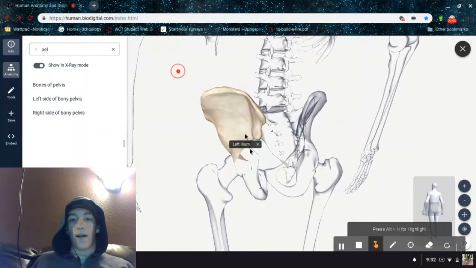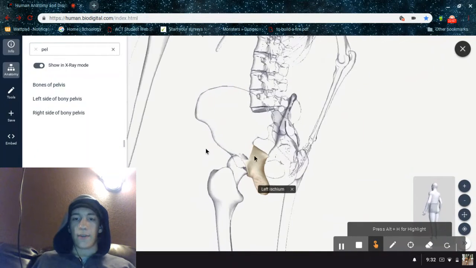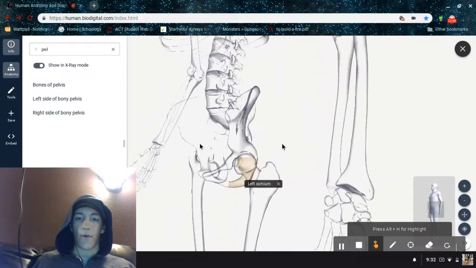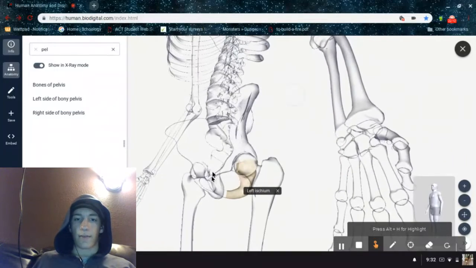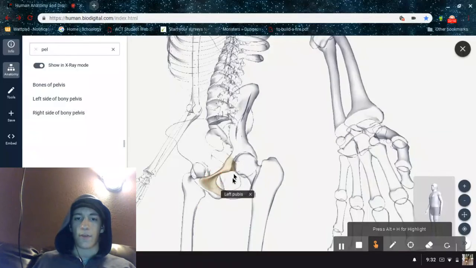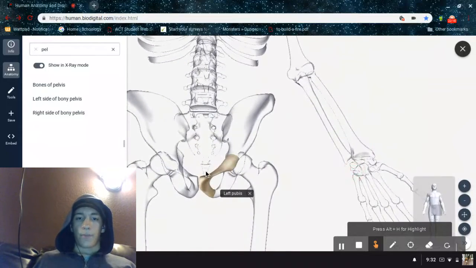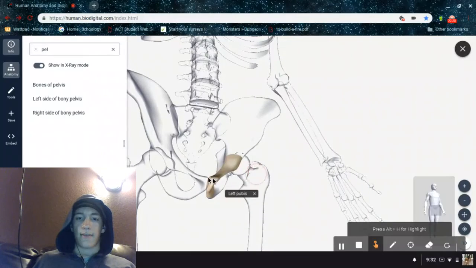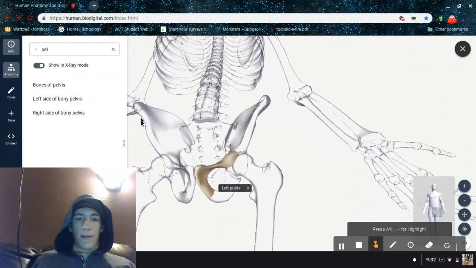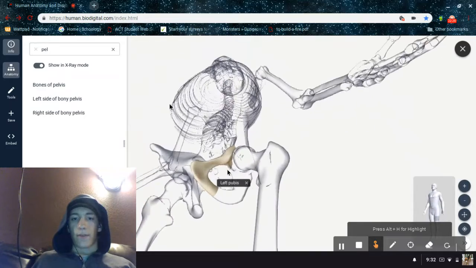This is a lot, and this is your ischium. Your ischium is the part of your pelvis that forms the back of your ring, and this is your pubis. It forms the front of your ring. Your pubis has one of the flattest facets on your body. But for a moment, we're going to focus on the ischium.